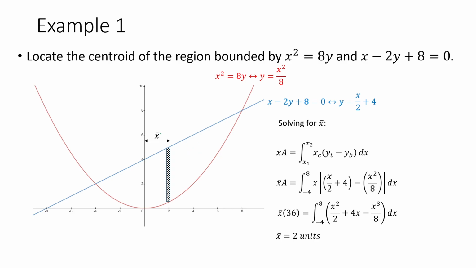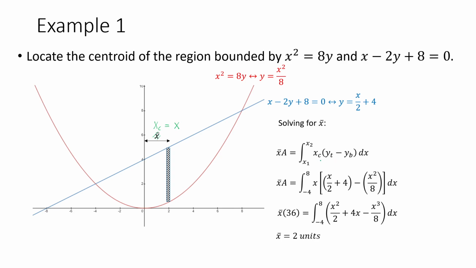So again, notice in the drawing, try to ignore this one. This should be x sub c. So again, the centroid going towards the vertical strip, that is your x sub c. What distance is going towards the centroid of your strip? That would be equal to x units.